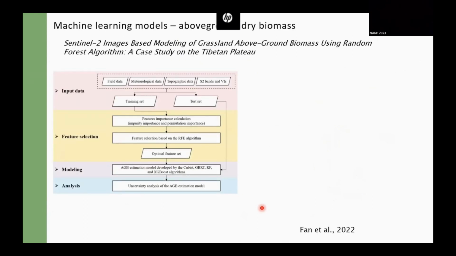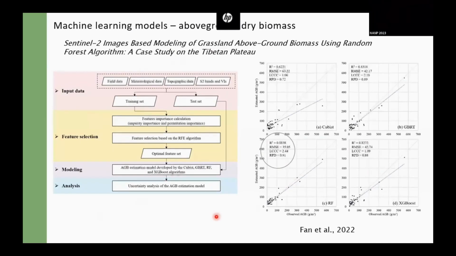So here is an example of how those machine learning models can be used to predict above ground dry forage biomass using Sentinel-2 images. In this case, the authors use large areas. The flow chart is very similar to the ones I've shown you previously.